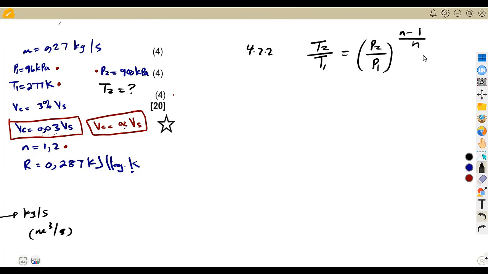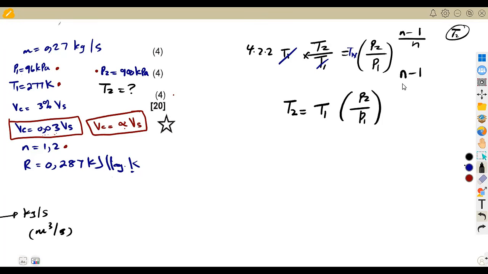So we are going to use this. We are supposed to calculate the delivery temperature, which is T2. So we can just multiply here by T1 to remove this T1. We also multiply this side by T1, so this one can cancel. That means T2, our delivery temperature, is going to be T1 into P2 over P1 to the exponent of N minus 1 over N. So here we're just going to substitute our values.